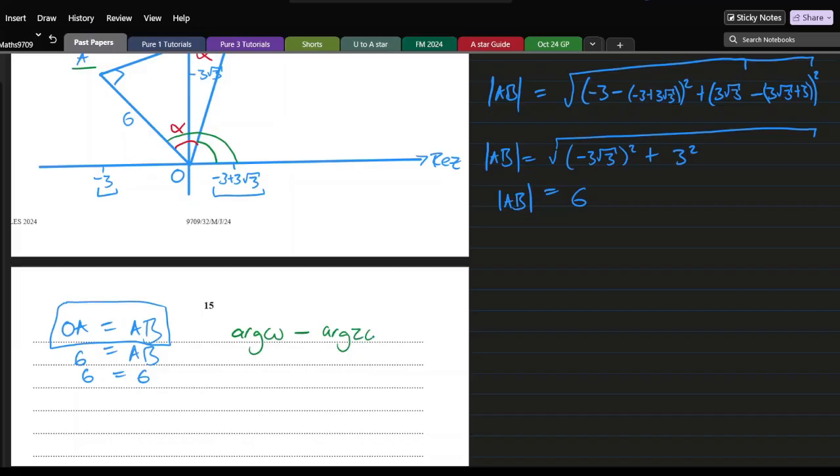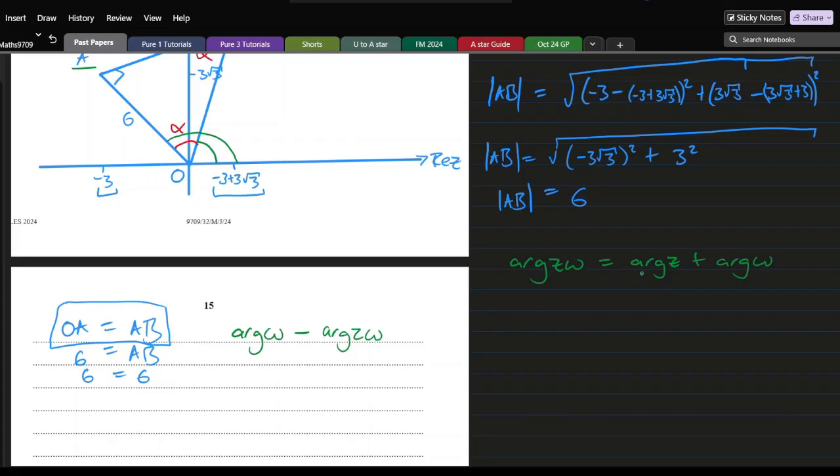Now instead of carrying out this calculation exactly as it is, we know that there is a rule that tells us that arg Z omega is equal to arg Z plus arg omega, right? So in this case we've got arg omega minus arg Z omega, so that would be the same as making negative arg Z the subject of the formula.